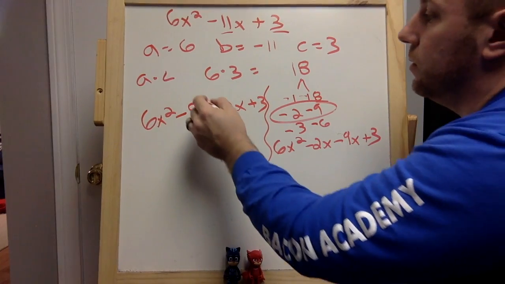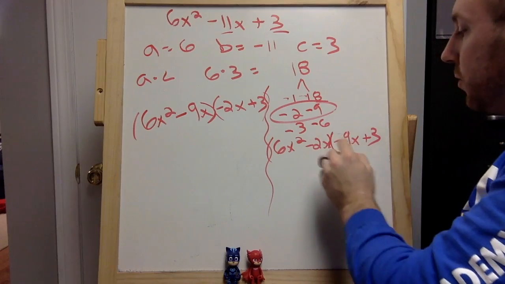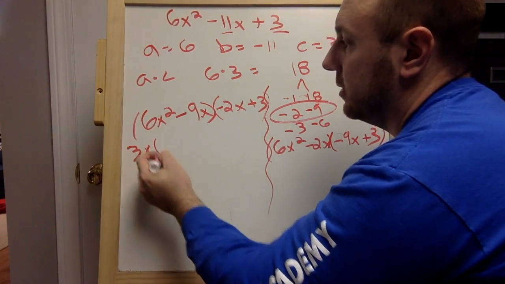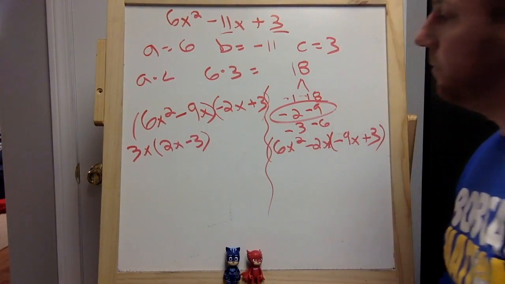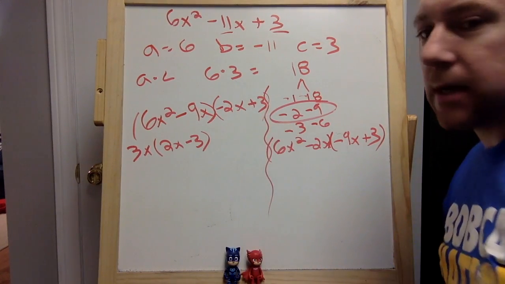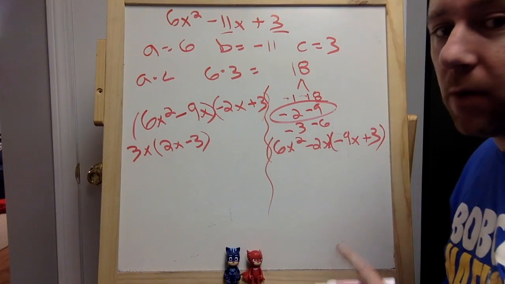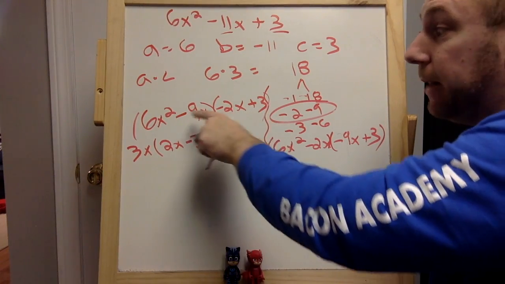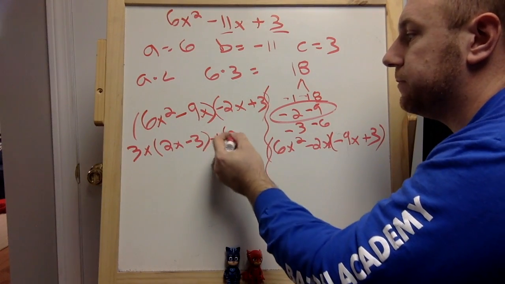So again, I factor by grouping. In this case, I can take out a 3x, so I'm left with 2x minus 3. In this case, there's no number that can go into that, so I can always take out a 1, but what you'll also notice is that I need this sign here to be a minus sign, so it matches up. So I'm going to actually take out a -1.